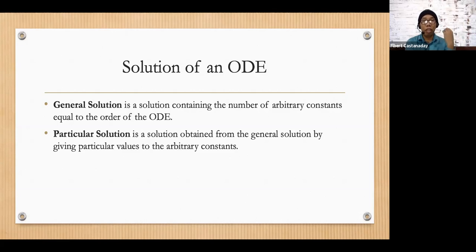You use that initial condition to determine the particular solution. You plug in the values of x and y into the general solution, and finally find the value of the arbitrary constant c, then plug the value of c into the general solution to make it a particular solution. Any question? Those are the two types of solutions.